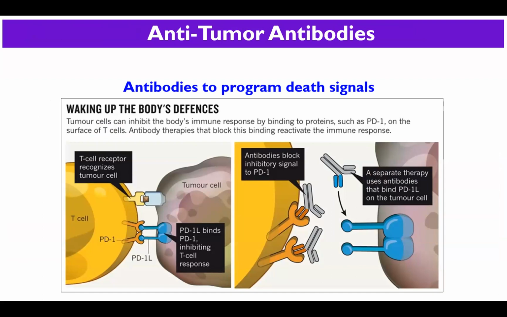What happens is that tumor cells express programmed death ligand 1, PDL1, which, when it binds to its cognate receptor on the T cell, the programmed death receptor PD-1, the interaction is quite powerful at immunosuppressing the T cell.